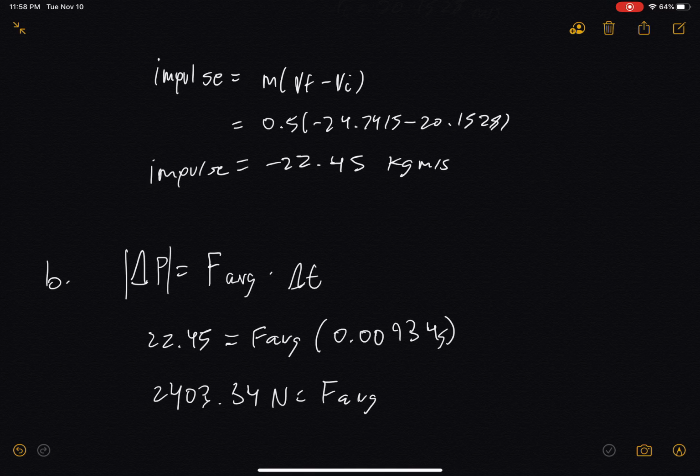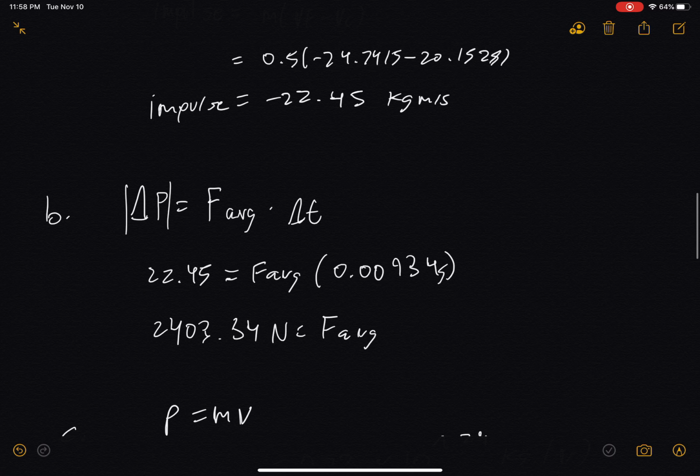Just to be clear, we were measuring the impulse the ground experiences. So the ground would experience a negative impulse because the ball is going upwards after the contact. So this force would have to go in the opposite direction. So it would be negative 22.45 kilogram meters per second.